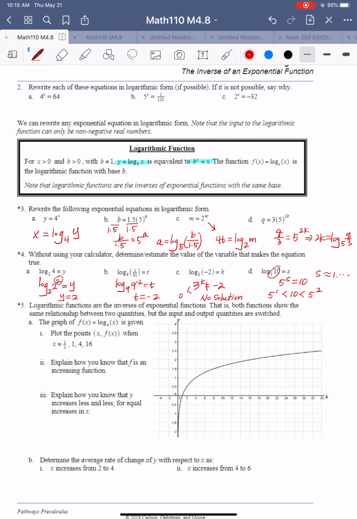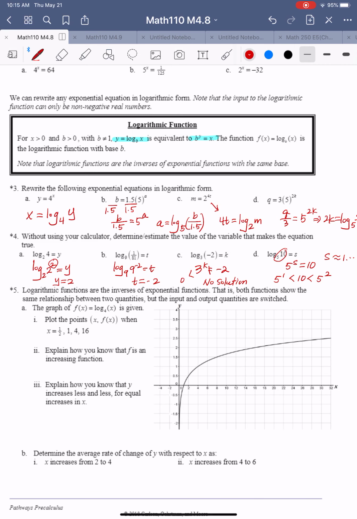All right, number 5. Logarithmic functions are inverses of the exponential functions. That is, both functions show the same relation between the two quantities, but the input and output quantities are switched. So the graph of the function is a log. This was the output for the exponential, and this is the input for the exponential, but we switch around here.